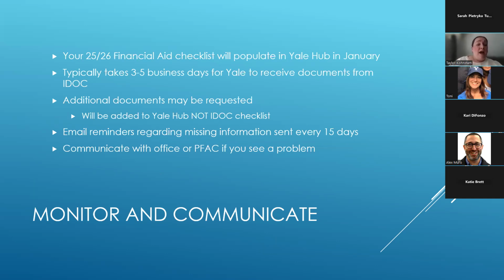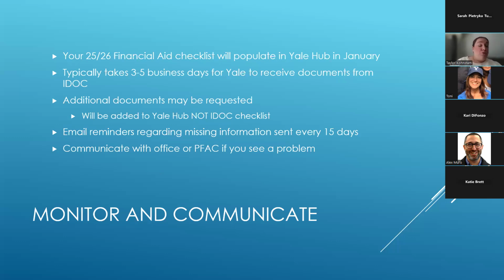When you upload items to iDoc, please note that it can take about 3 to 5 business days for our office to receive and process that information. If you're checking your Yale Hub checklist regularly, like you should be, and you notice something missing that you're sure you uploaded, you're sure we are supposed to have gotten, contact our office.